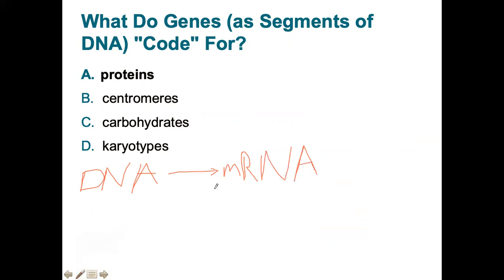That way, the message of the DNA can leave the nucleus, and then it goes out into the cytoplasm where it meets something called a ribosome, and it gets translated into protein. DNA to RNA to protein. This is what we call the central dogma of molecular biology.